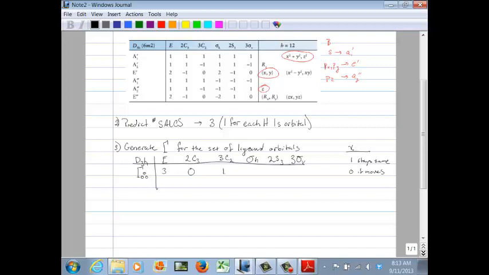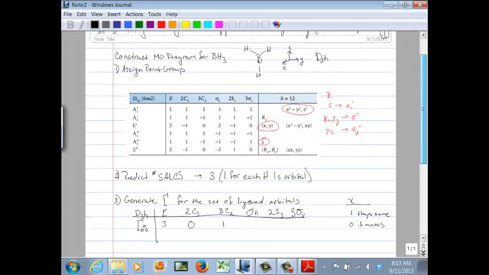Sigma h is the mirror plane that's perpendicular to the C3 axis, so it's going to be in the plane of the molecule. What about an S3? It's a 0, because the first part of an S3 is to do a rotation. So just like the C3, for S3, you have a 0, because everything moves.